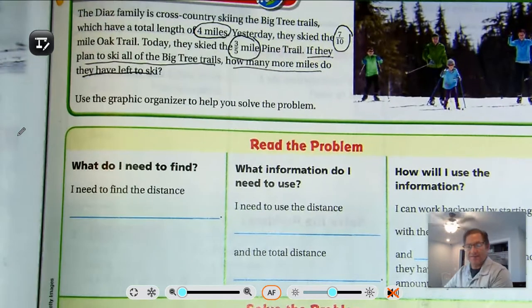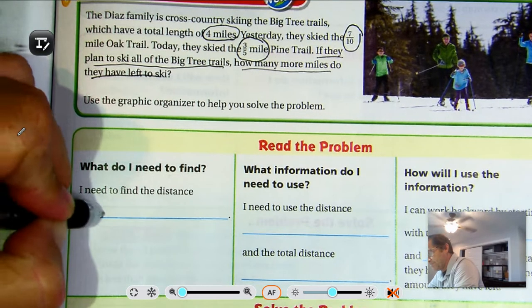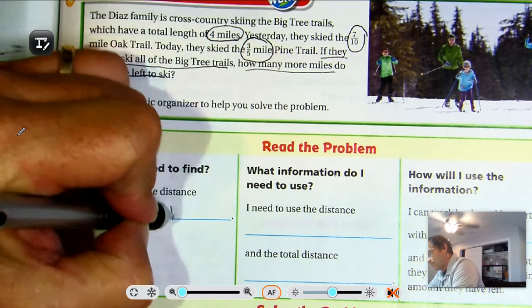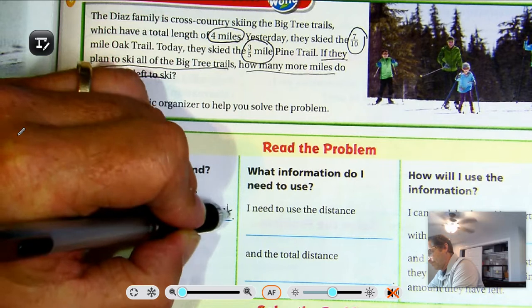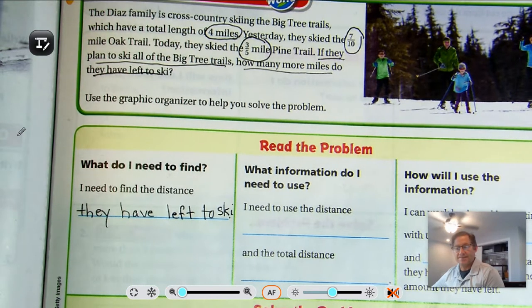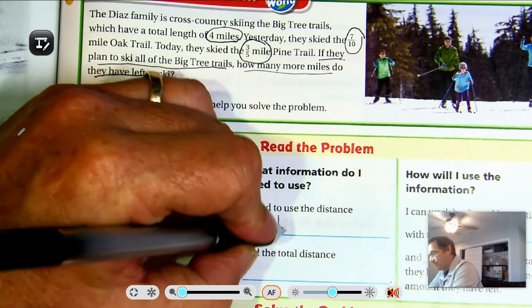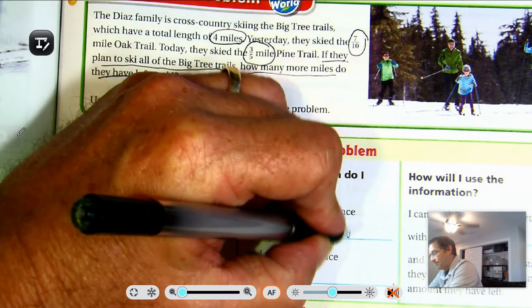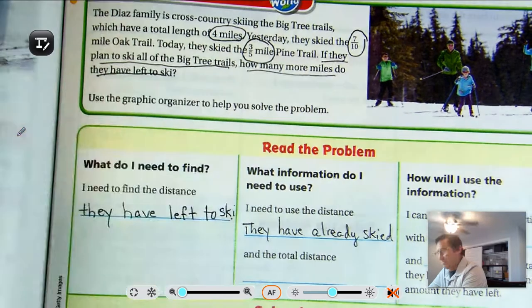So I need to find the distance they have left to ski. I need to use the distance they have already skied and the distance they plan to ski.